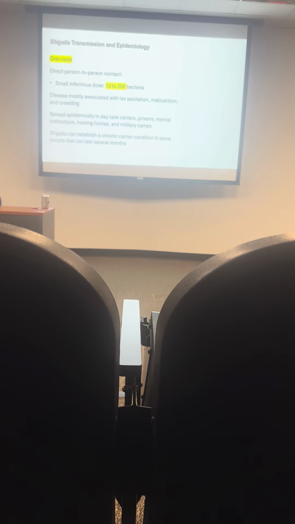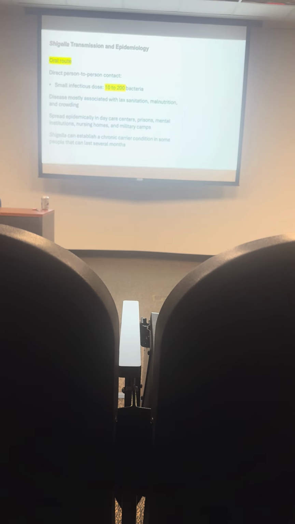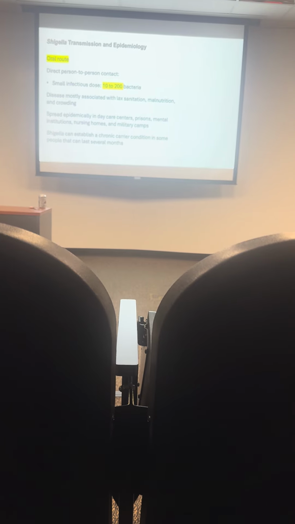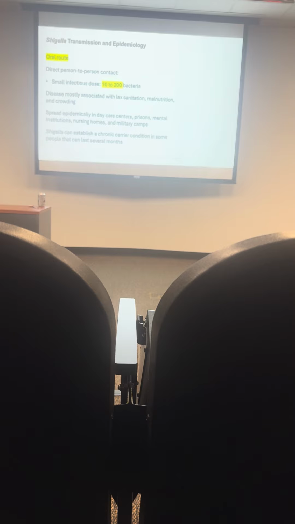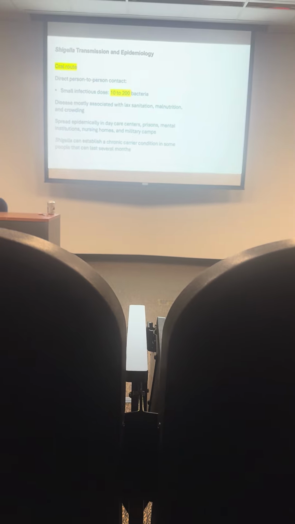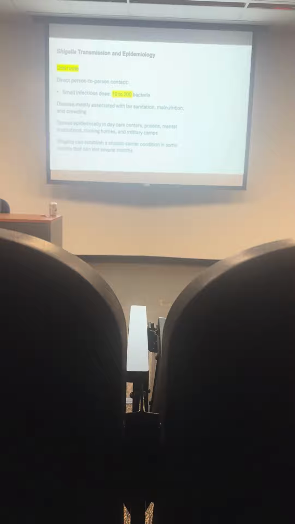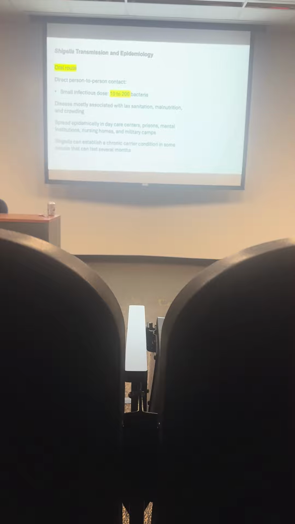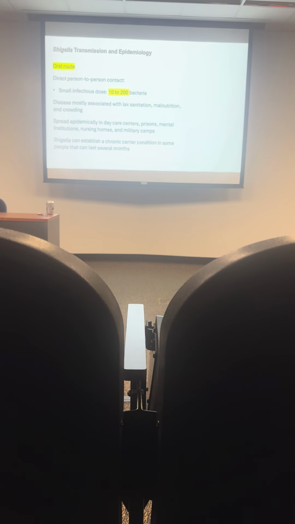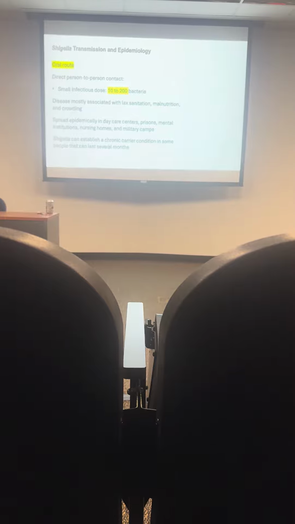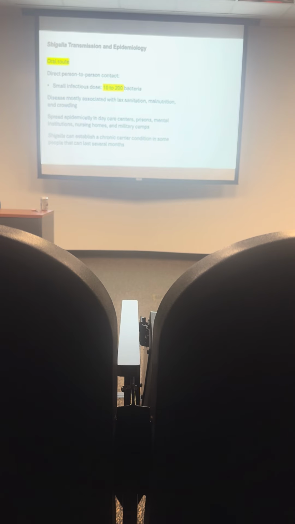Shigella disease is mostly associated with poor sanitation, malnutrition, and crowding. I won't go into details because we discussed this extensively during the normal lecture time, for those that were in class. I'm just going over this carefully because it is review.